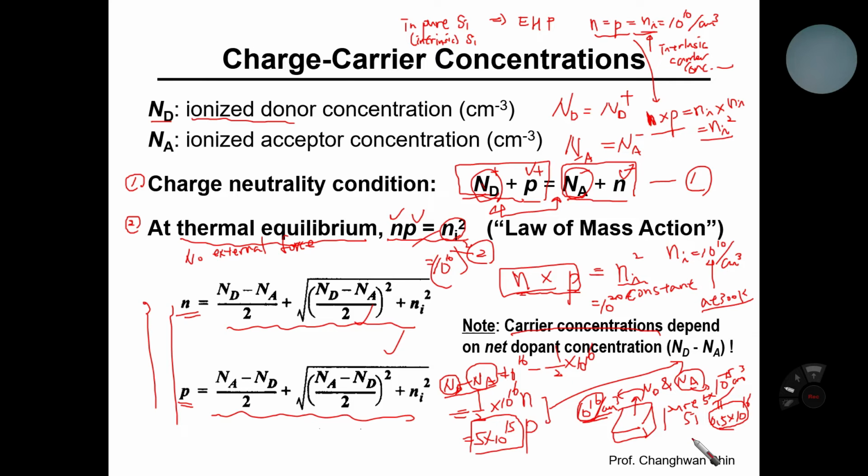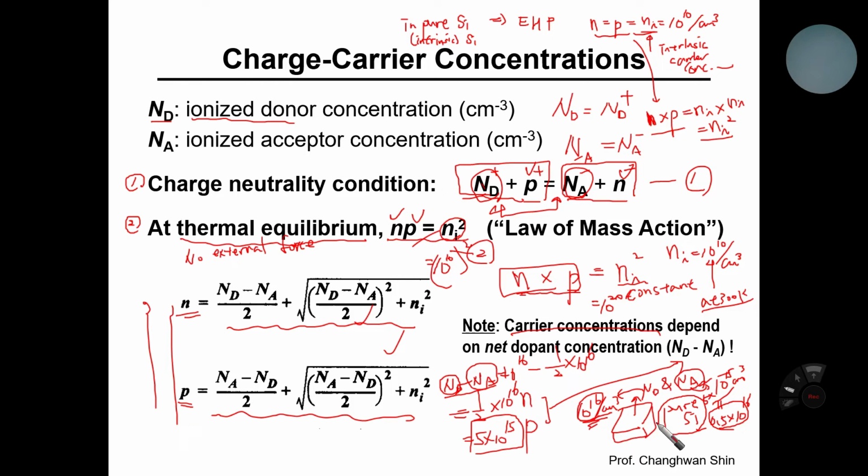Okay, so suppose that for a given pure silicon sample, you put the donors as well as acceptors together, but the amount of donor is 10 to the 16. The amount of acceptors is 5 times 10 to the 15, which is a half of the donor doping concentration.